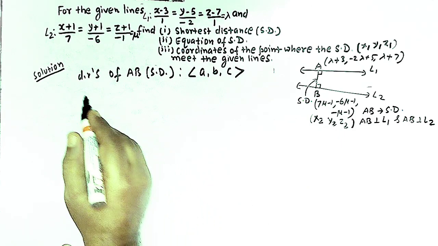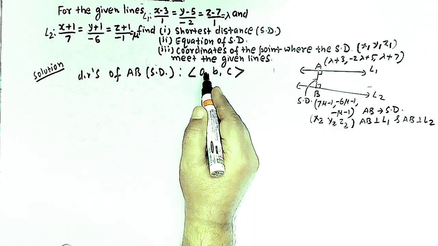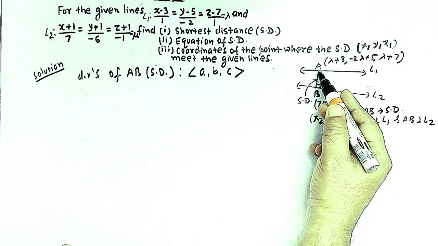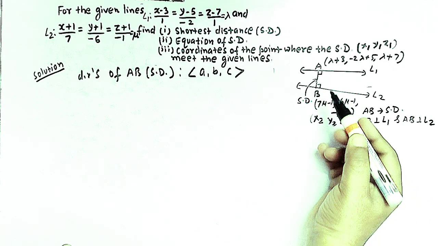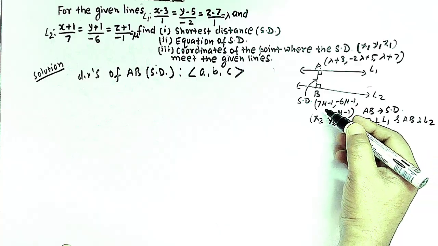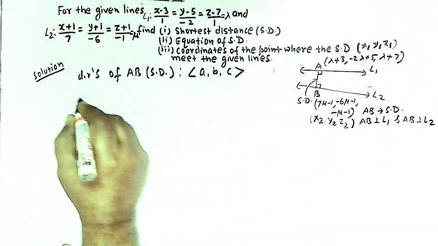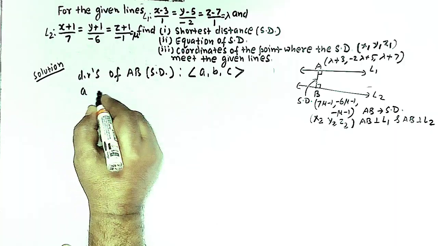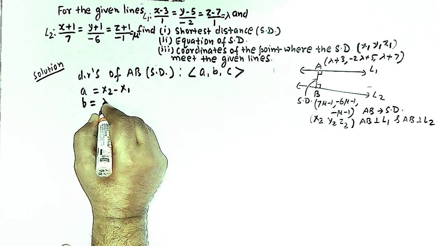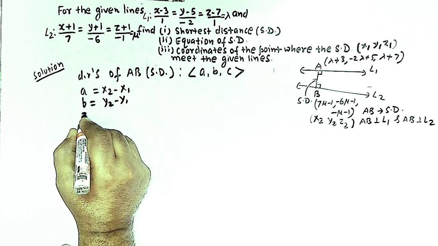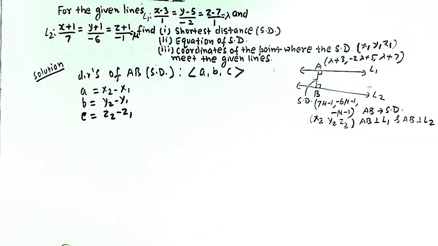So let us consider the direction ratios of the line of shortest distance AB as A, B, and C, and we can easily find out the direction ratios by simply subtracting the two coordinates, right? So A can be given by x2 minus x1, B can be given by y2 minus y1, and C can be given by z2 minus z1.